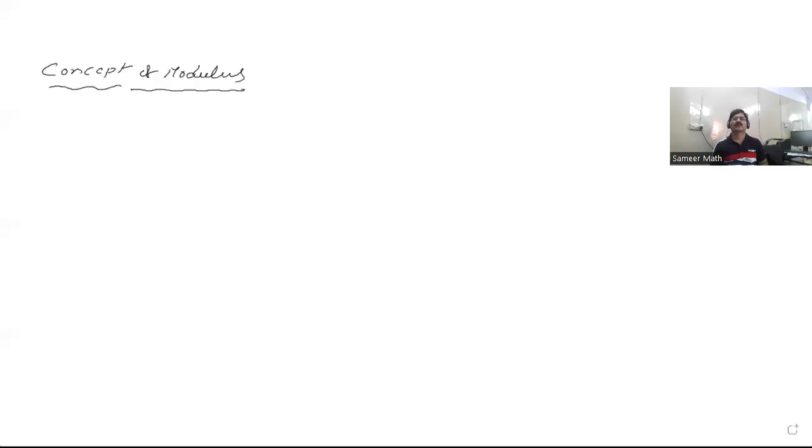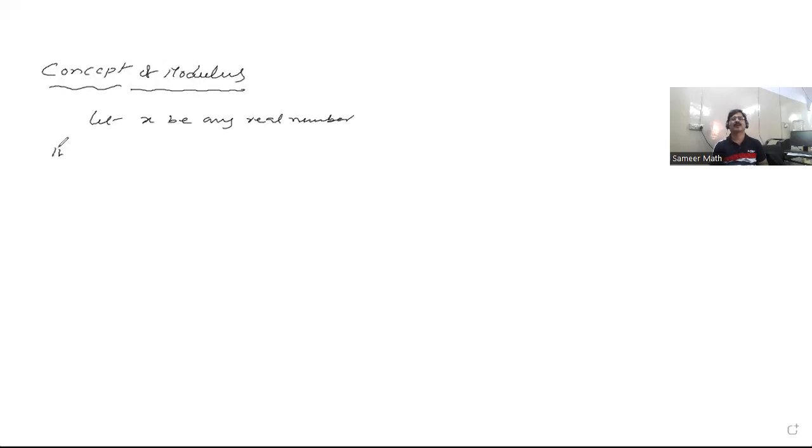Concept of modulus. Now you see here, the concept of modulus. Very clearly, let x be any real number.